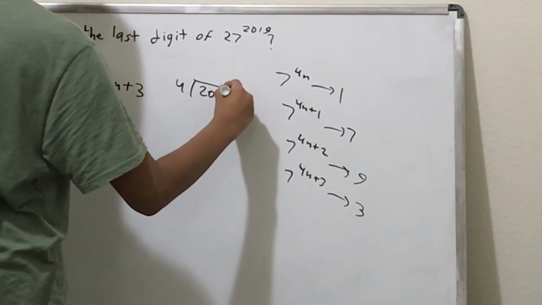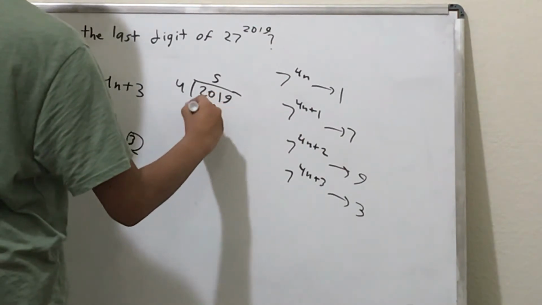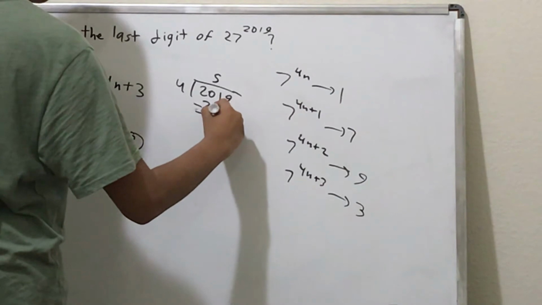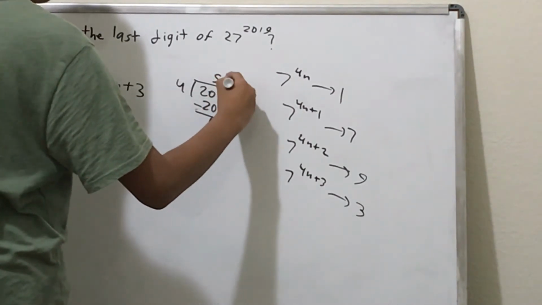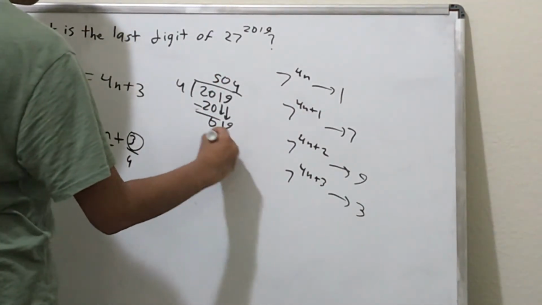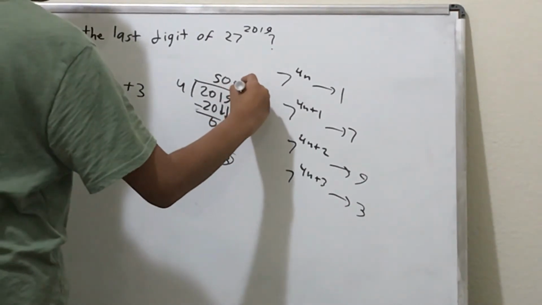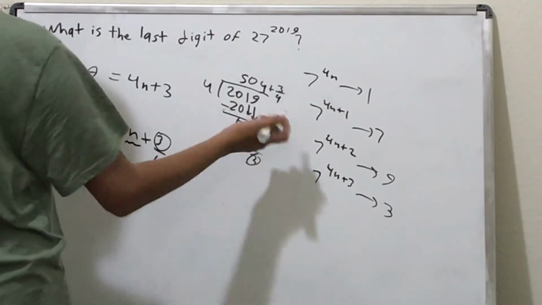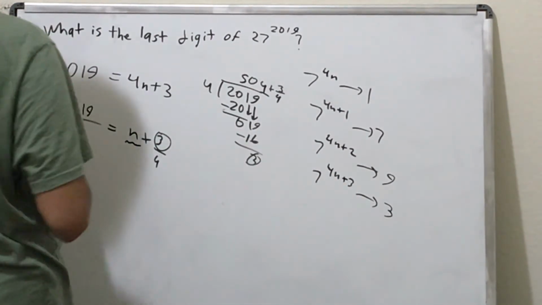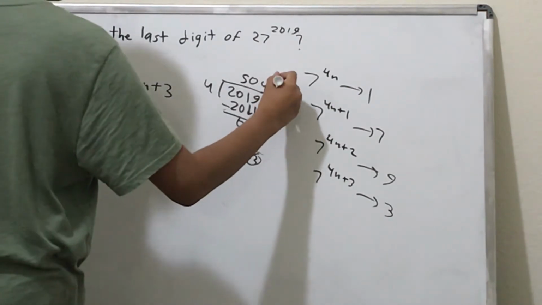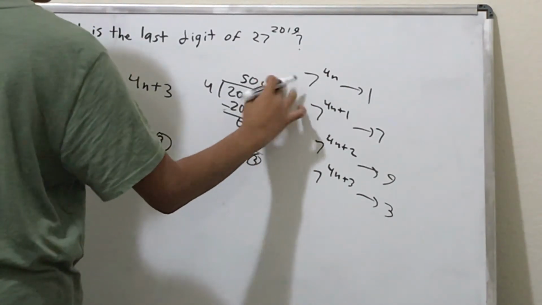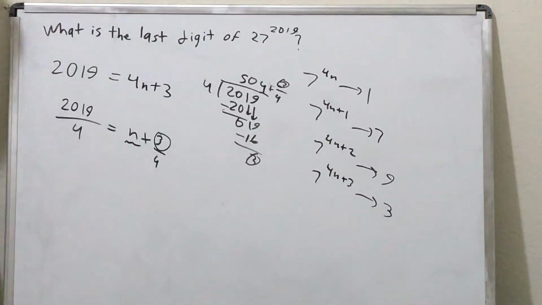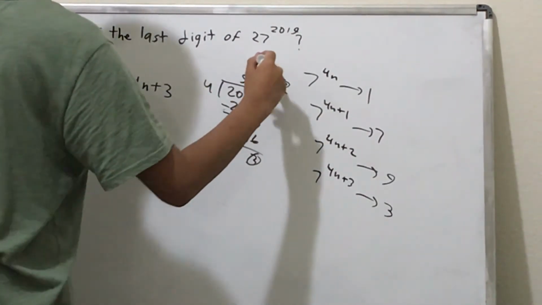2019. First of all, 20, we can do a 5 right there, and we get a 0. We drag down the 19, and that's going to be a 4, so that's 16, and then 3. So n is 504, obviously. But more importantly, we see that it's 504 and 3/4.